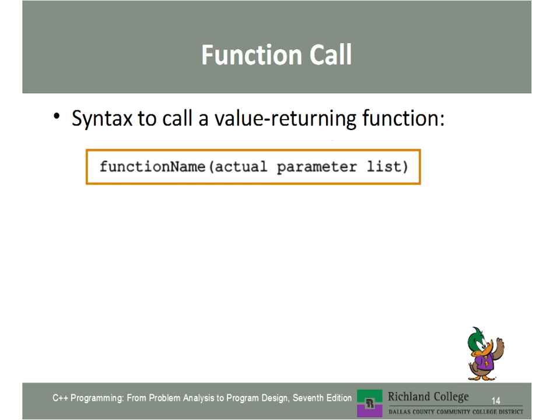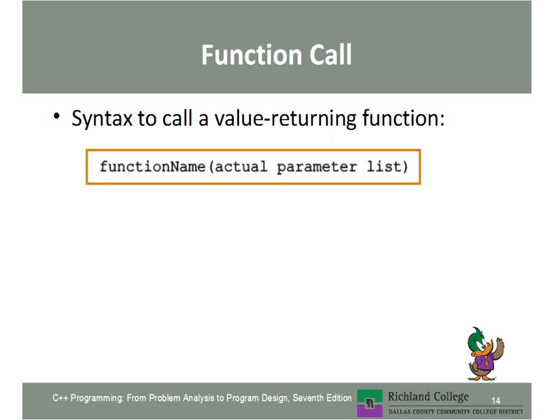So then we have the function call. Now with the function call, we have the function name, and in the parentheses, we have the actual parameter. So we don't need to specify the data type because the actual parameter can be an actual value or maybe an identifier.